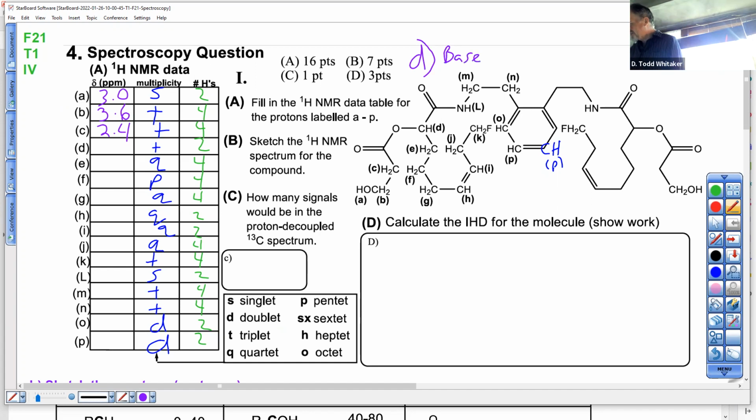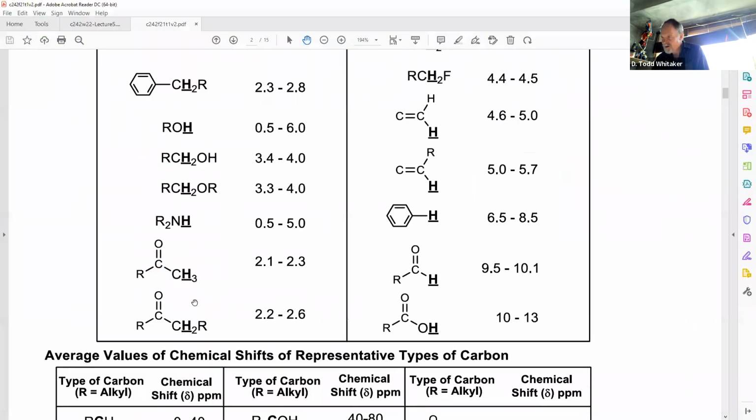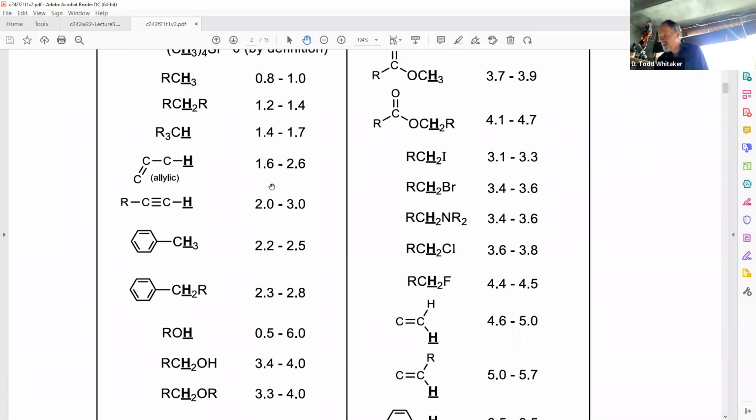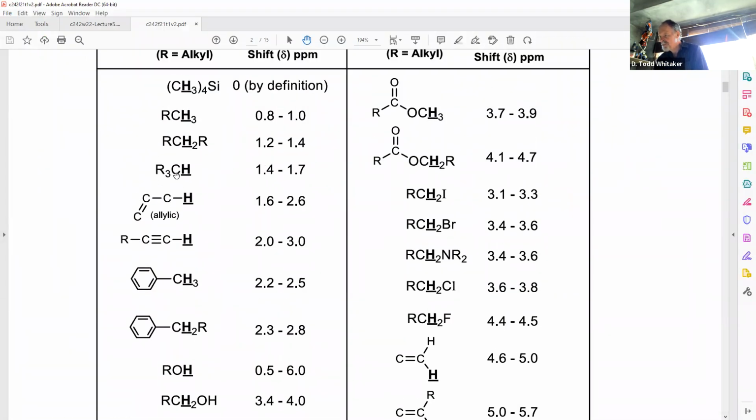Baseline. If you don't know what this means, you missed last lecture. Baseline, R3CH, carbon with 3 groups on it. Nothing special on any of these R's. 1.4 to 1.7, we're going to call it 1.5.